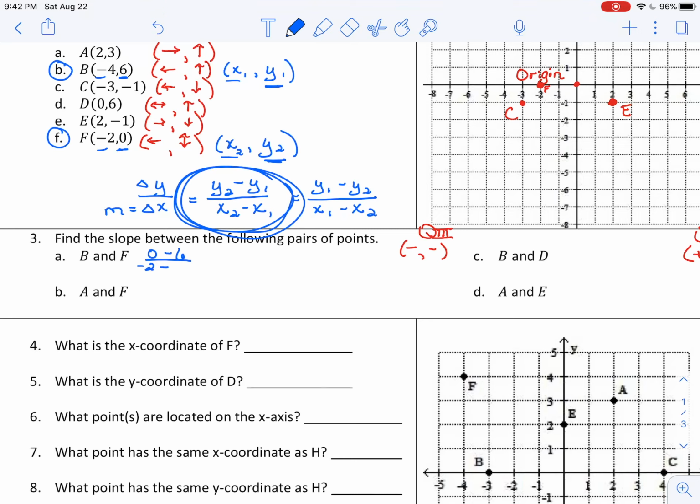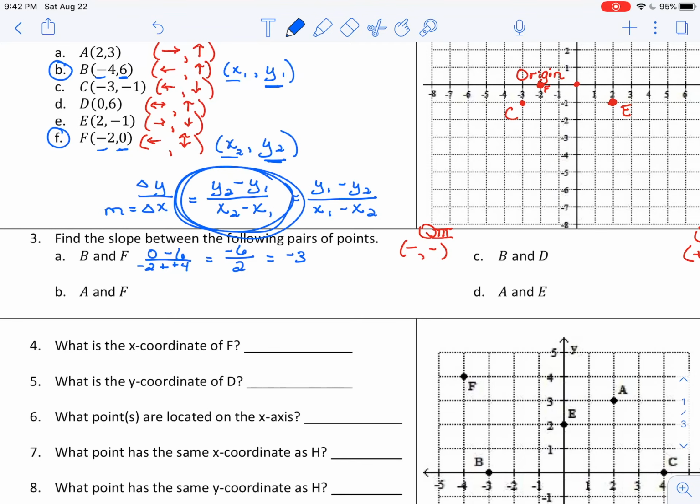Keeping in mind you have to have the minus sign no matter the fact that there's still a minus 4 here. So we get the double negative. So it's probably been a while since you added and subtracted negative numbers, but 0 minus 6 is negative 6. Negative 2 minus negative 4, negative 2 plus 4 gives us a positive 2. Which means when I go ahead and simplify that, that has a slope of negative 3.